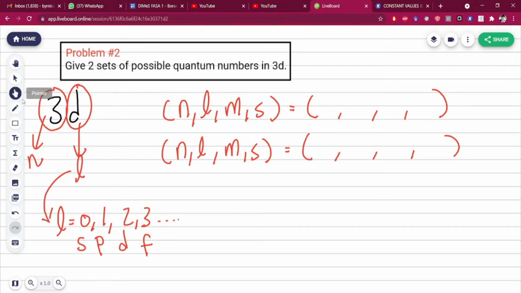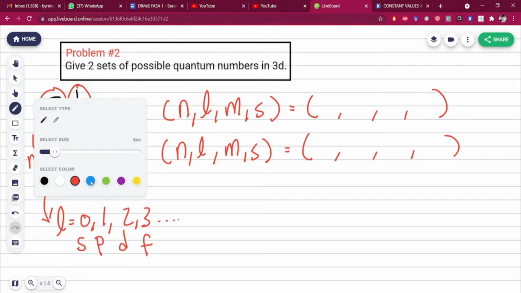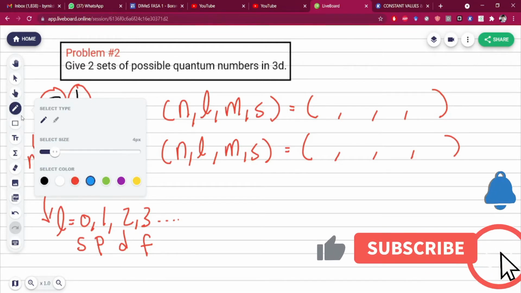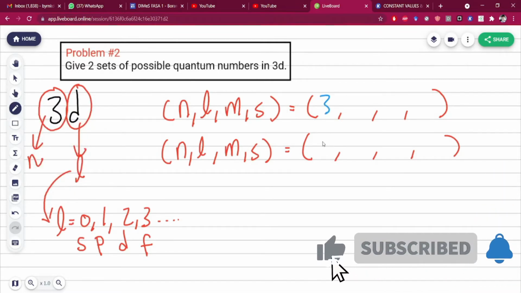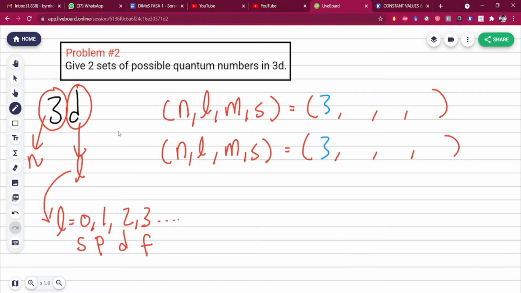We do know that n is 3, so you're going to put 3 and 3. And the value of L is D. D is 2 here, so you have 2 and 2.